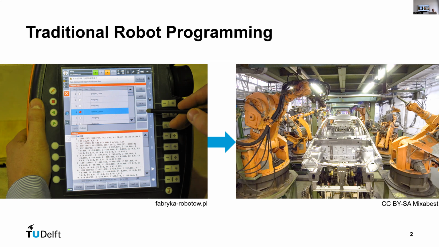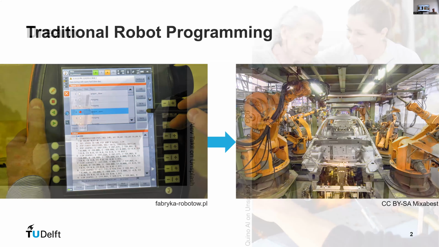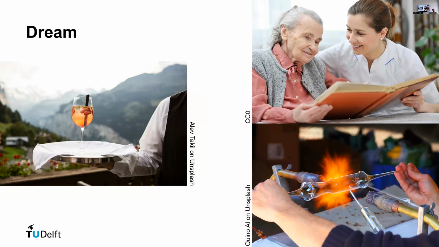However, I guess all of our dreams is to make robots go out into the wild. There's obviously more examples. I picked a few that are related to the things we're going to be talking about later in this talk.